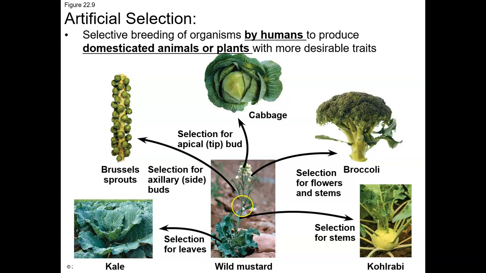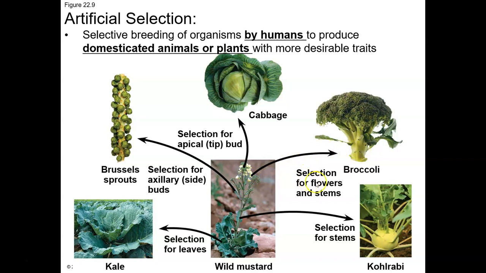In plants that have been selected for generations for the axillary buds, that's where we get Brussels sprouts. Cabbage is the wild mustard plant that over time has been selected for the apical bud. This is the apical bud of this wild mustard plant, having been selected over hundreds of generations or thousands of generations.